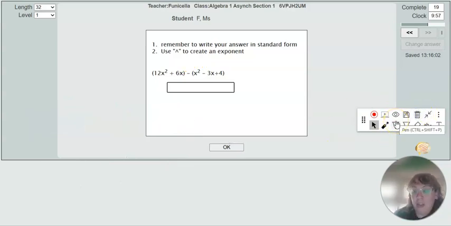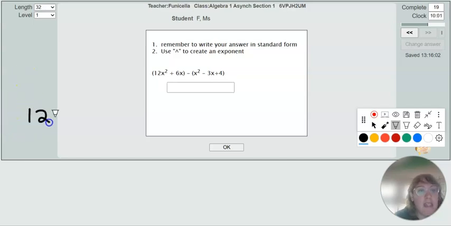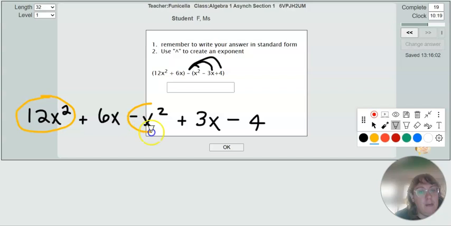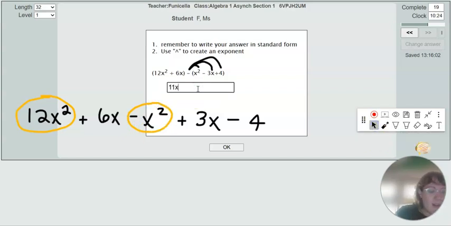Alrighty, another subtraction. So the first parenthesis can just be written exactly as it is, 12x squared plus 6x. Then we have minus an x squared minus a negative 3x. That's going to become plus 3x minus 4. Combine your like terms. We have this 12x squared minus x squared gets us an 11x squared.